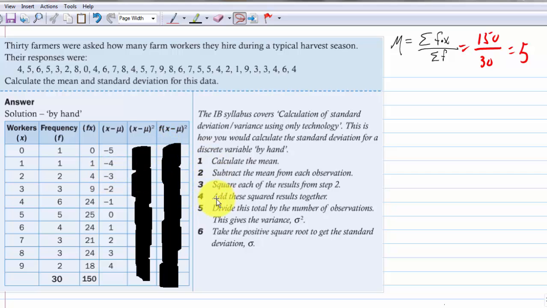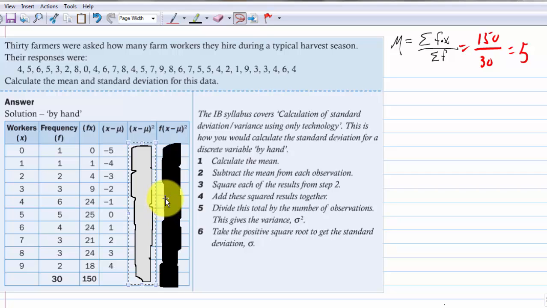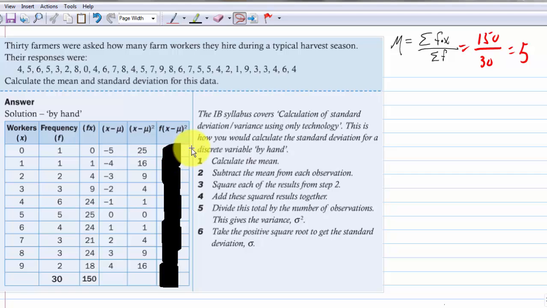So now this is where we square each result from step 2. So now these numbers are positive. Now we're going to multiply by the frequency.